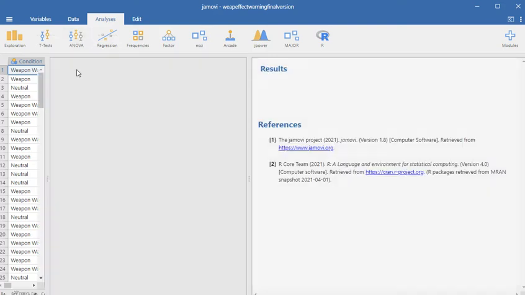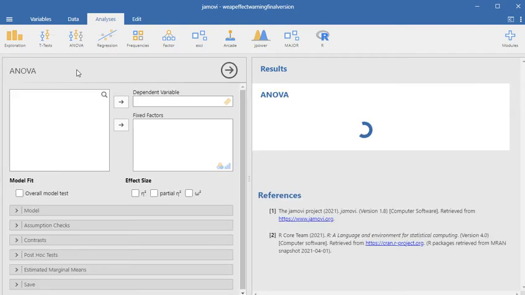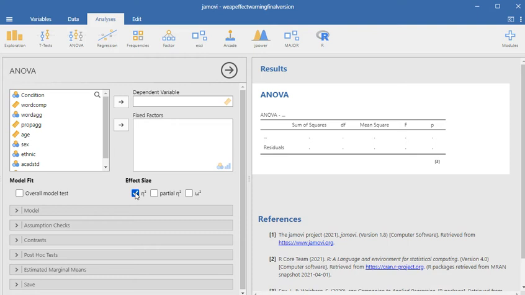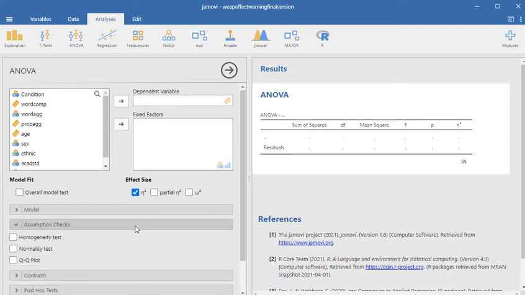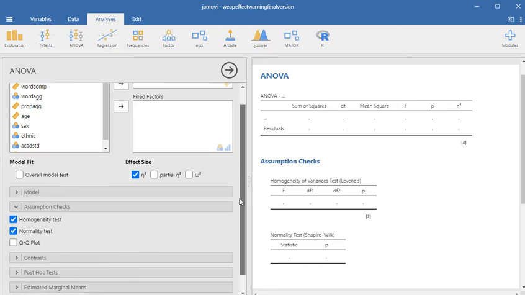And I'm going to choose ANOVA because that'll be a little bit more, I think, versatile. I'm going to go ahead and get our estimate of effect size. We're going to make sure that we get our assumptions checks taken care of. Homogeneity being the very important one, normality less so.